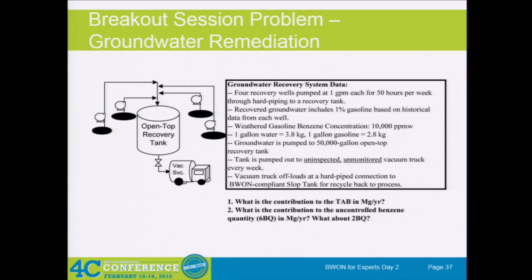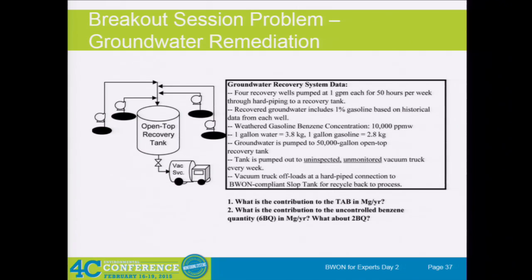We have a groundwater recovery system. So pay close attention to the multiples and frequencies here. So 4 recovery wells are pumped at 1 gallon per minute each for 50 hours per week through hard pipe to a recovery tank. We see our recovery tank here is open top, so it's not controlled.